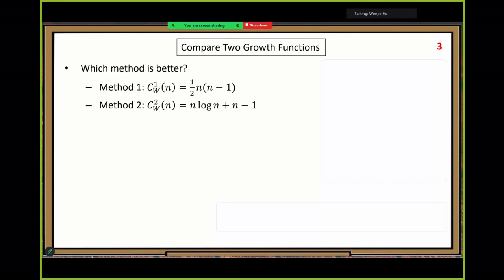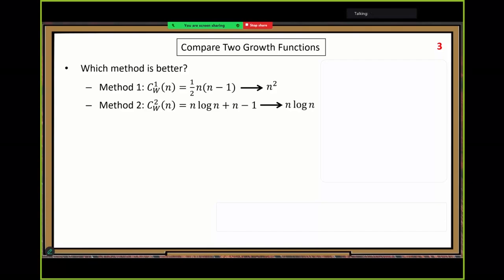So in that way, the efficiency function is this one. Next, we need to extract growth functions from these two efficiency functions. The growth function of the first efficiency function is n squared. The growth function of the second one, the dominant term, is n log n.